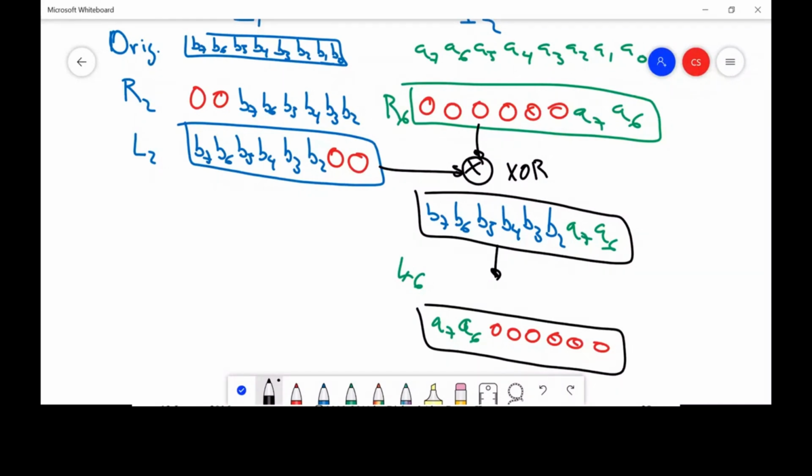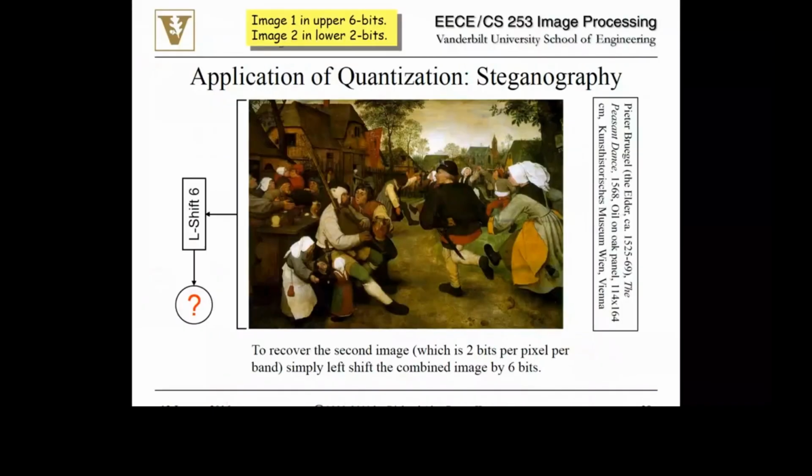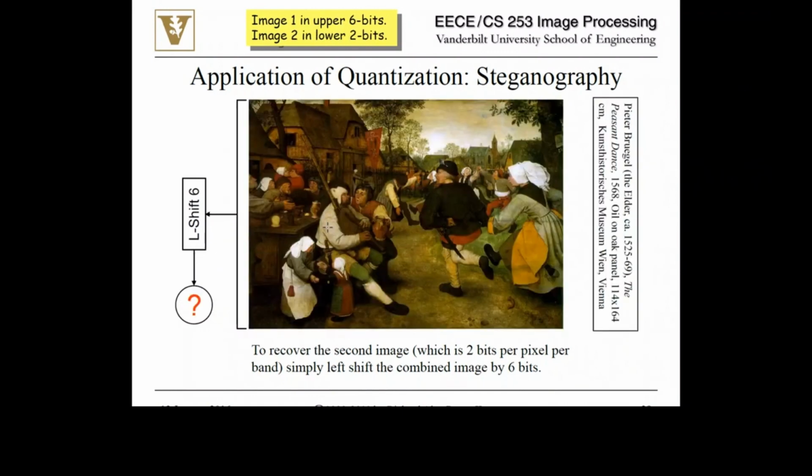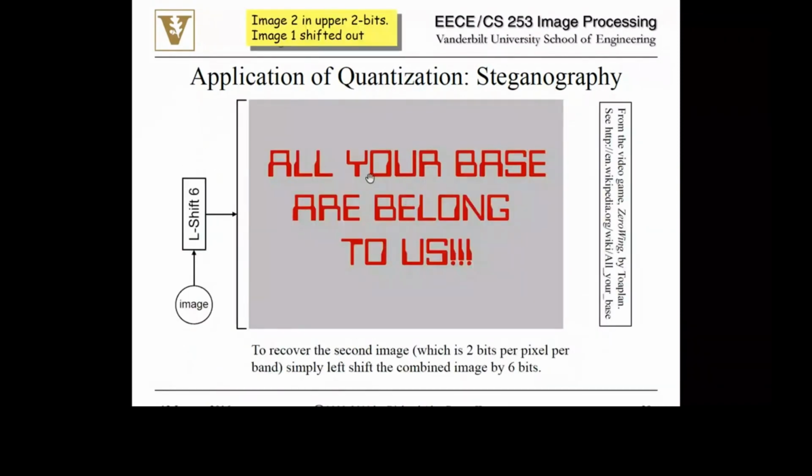And now we have image 2, whatever is left from image 2. So that was a hidden message in this image. We have hidden this information here.